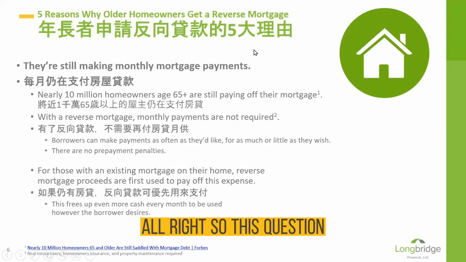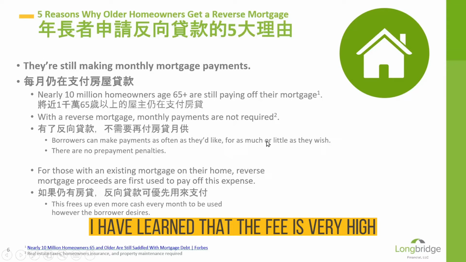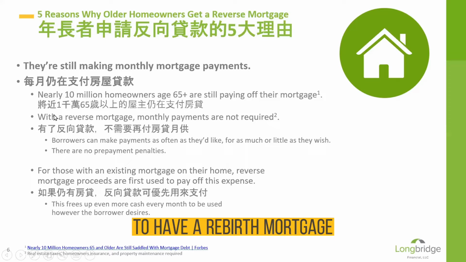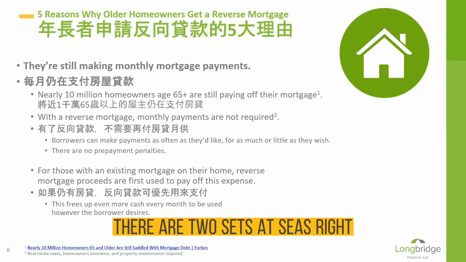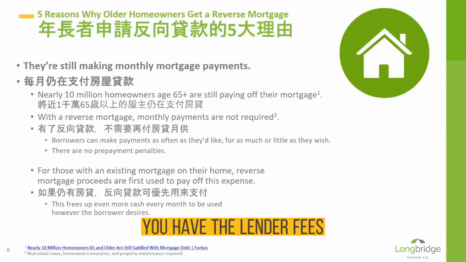All right, so this question: I have learned that the fee is very high to have a reverse mortgage. I want to find out how high. On a regular loan, there are two sets of fees, right? You have the lender fees, origination, appraisal.